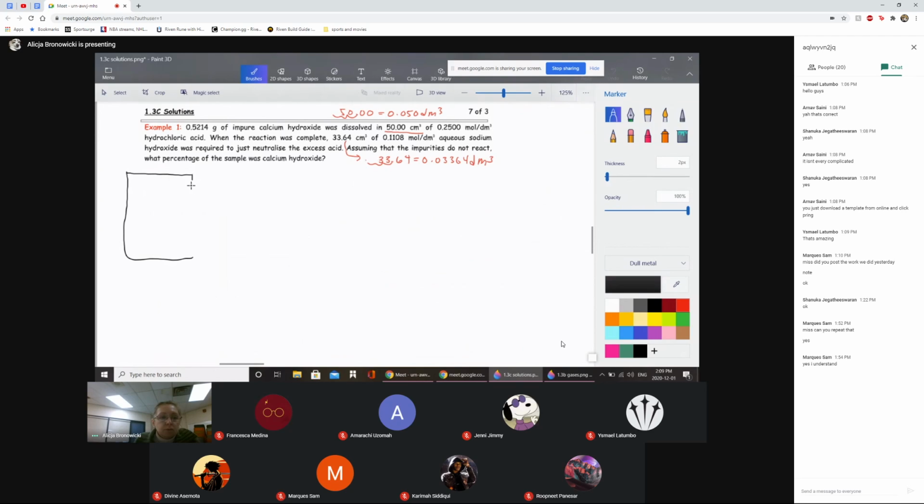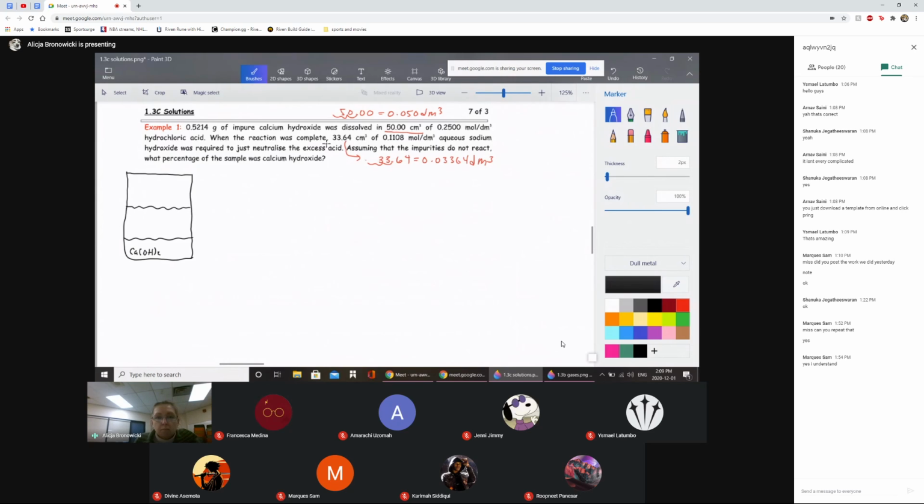Okay, so we're going to draw what's going on here. I have calcium hydroxide. So calcium hydroxide is Ca(OH)2. And I pour in a lot of acid.